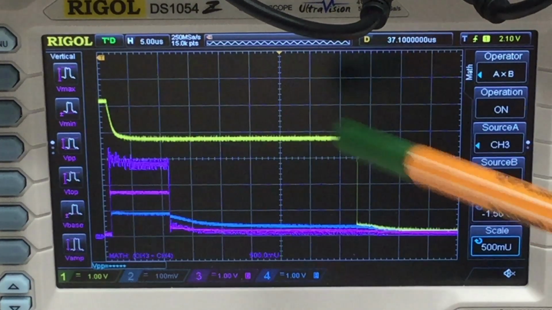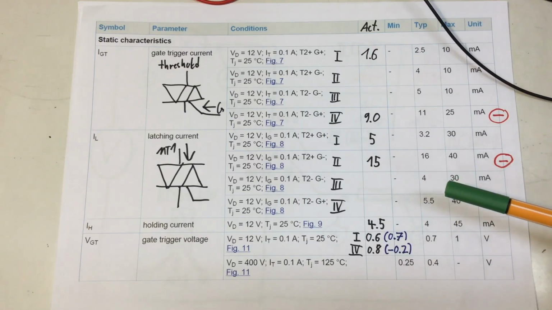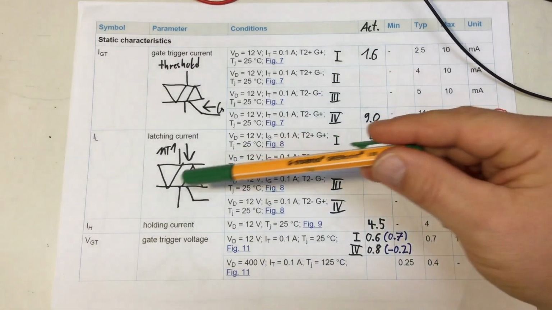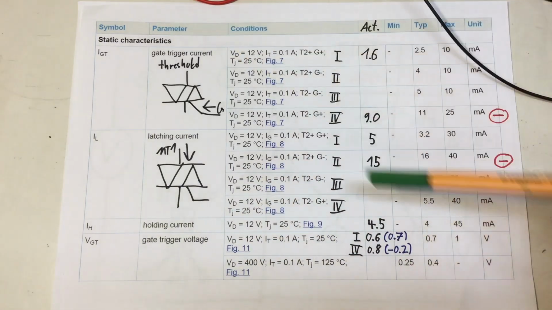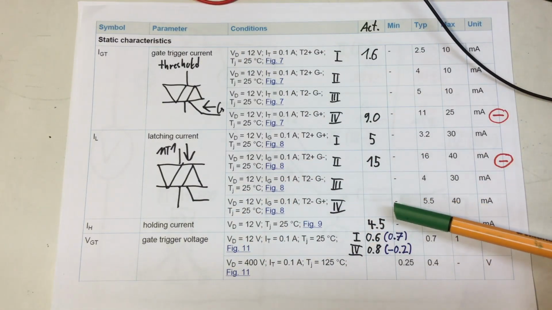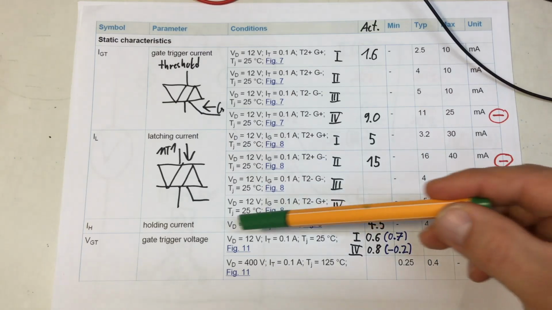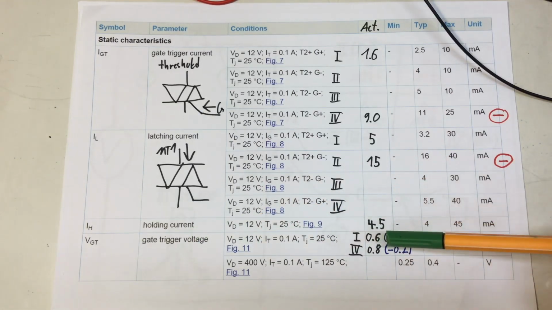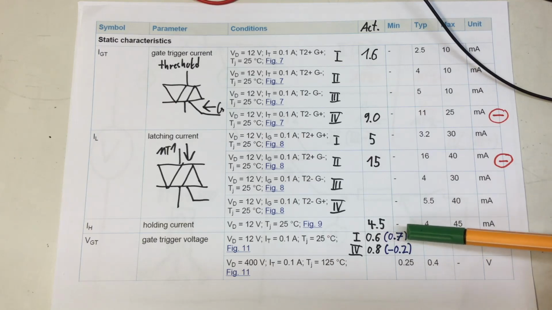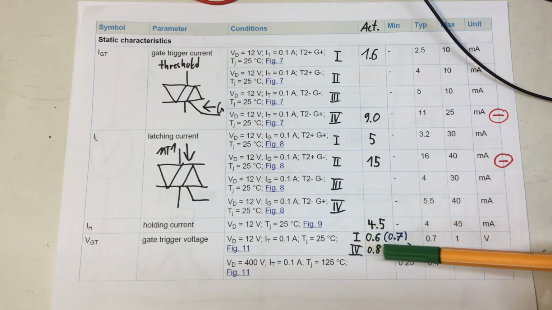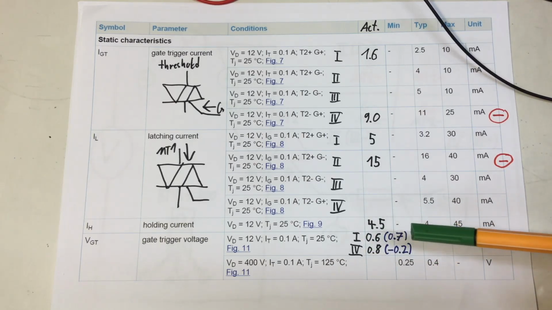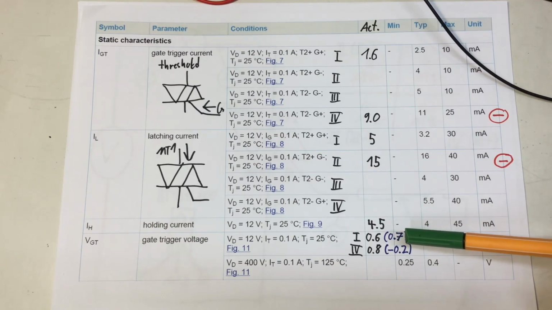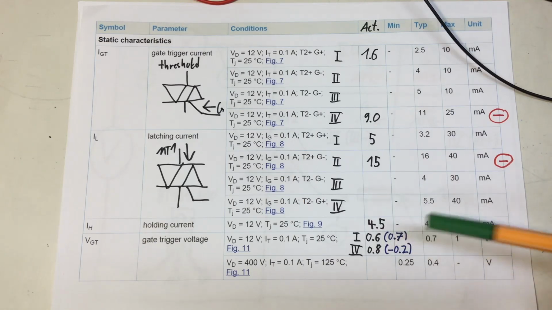And that's actually what we measured. So you remember when we measured the static characteristics just using the power supply and the battery, and we were working in quadrant 1, our gate voltage increased from 0.6 volts to 0.7 volts when the TRIAC actually turned on. And that's exactly what we are observing here.